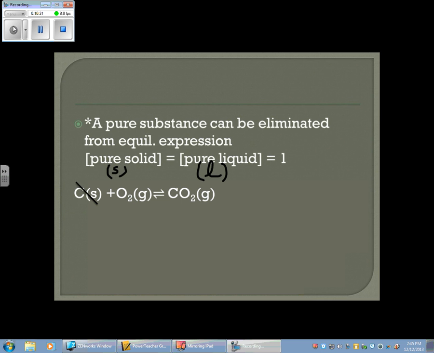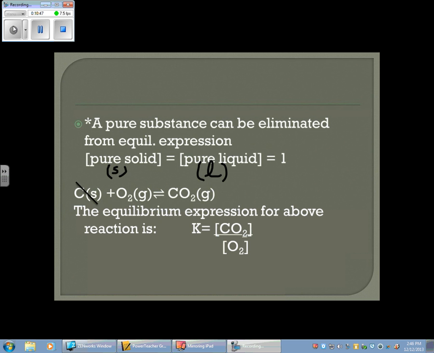So if it's gases, or if it's an aqueous solution, so it has an (aq), those do go into the equilibrium expression, but pure solids and pure liquids do not. So my equilibrium expression here would be K equals products over reactants raised to the coefficient power. So my product is CO2, because it's on this side of the arrow, and my reactant is O2. I eliminated that solid.